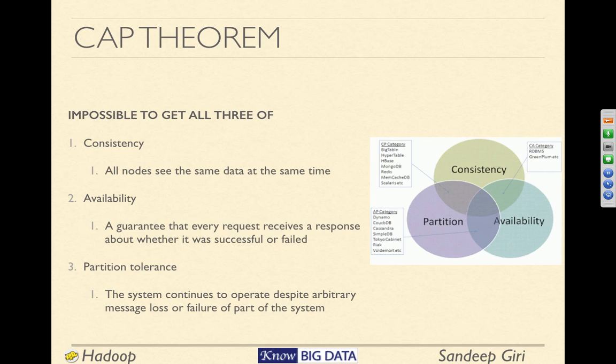Atomicity means either the whole data gets written or it does not get written. There is no midway. It should not be that half of the cell value got written while the data got corrupted. Okay, so atomicity is that.